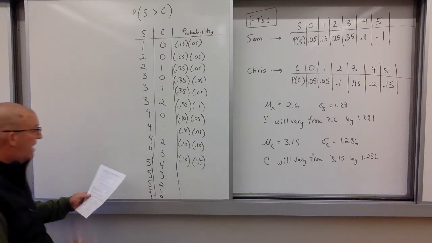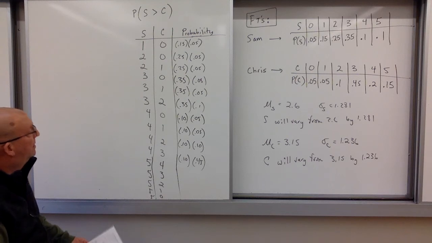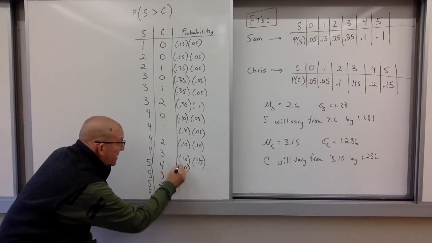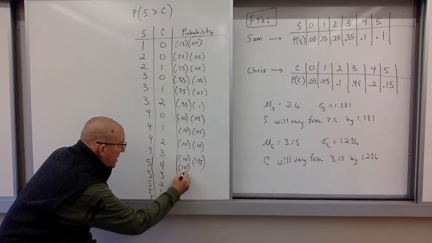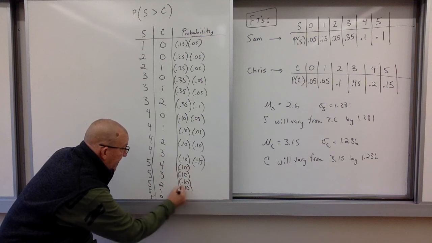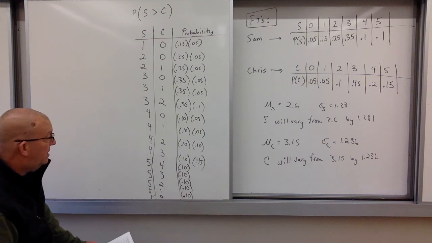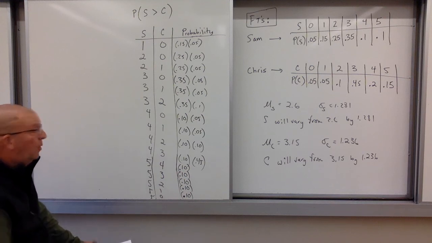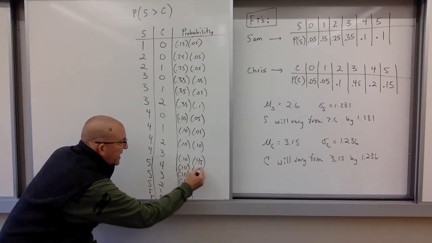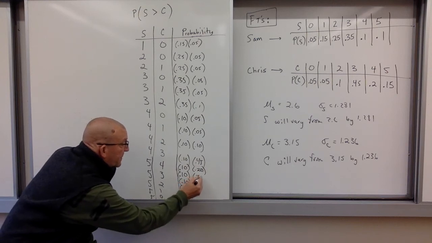But let's see what we got here. So 5 to 4 would be, again, 10% each time. Now, how about Chris? 4 is 20%, and then for 3, we're at 45%.